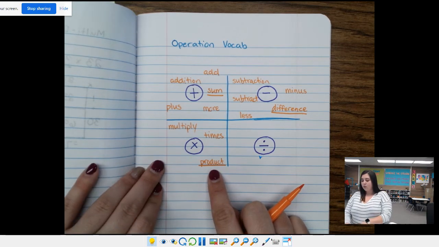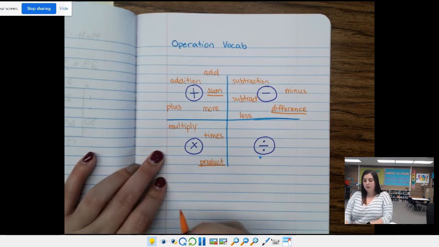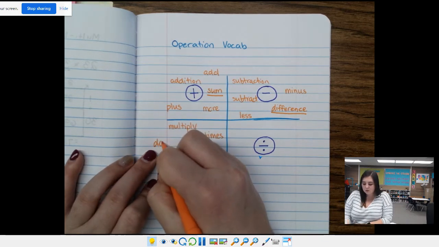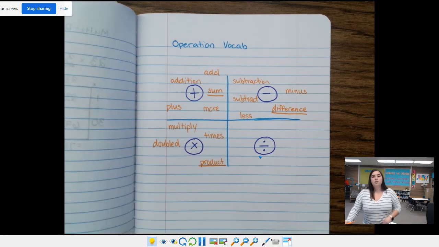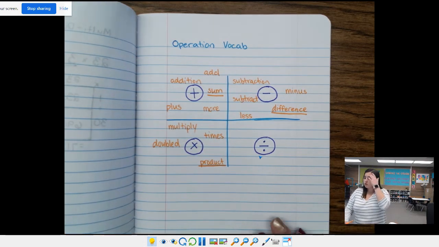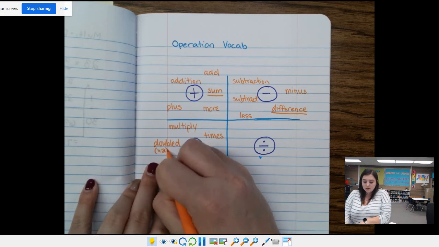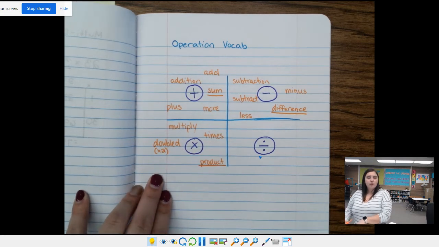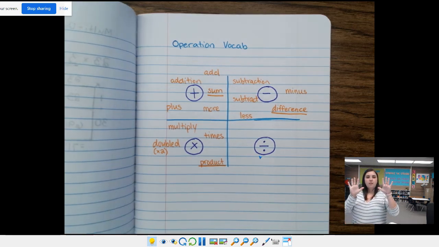Here's some other ones I want us to add, because we may not think of this necessarily as multiplication. But if I'm asking you to double something, let's say 5 doubled, what I'm really doing is multiplying times 2. So 5 doubled is 10. 5 times 2 is 10.